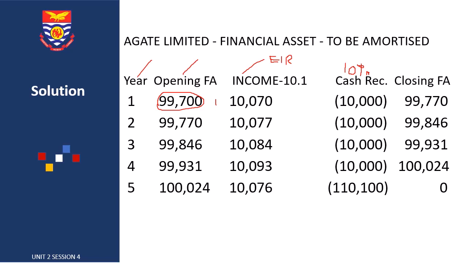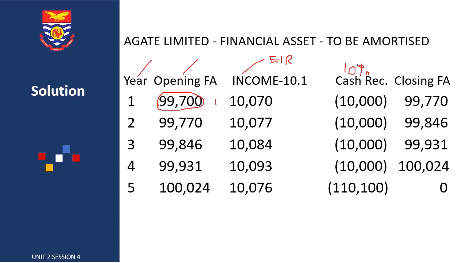So for example, we have 99,700. What will come under the income, or the effective interest rate, is for you to apply the rate on this amount. So 99,700 times 10.10%. That will give you a figure, and then you add this figure to 99,700.